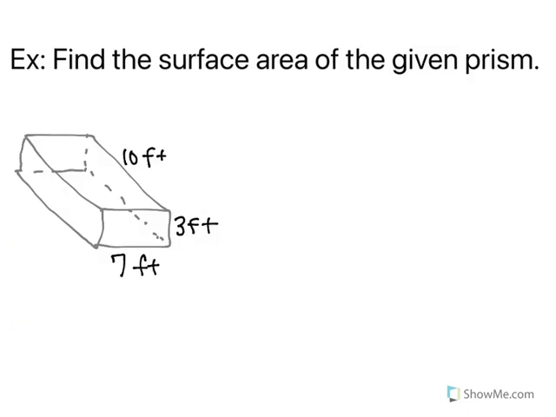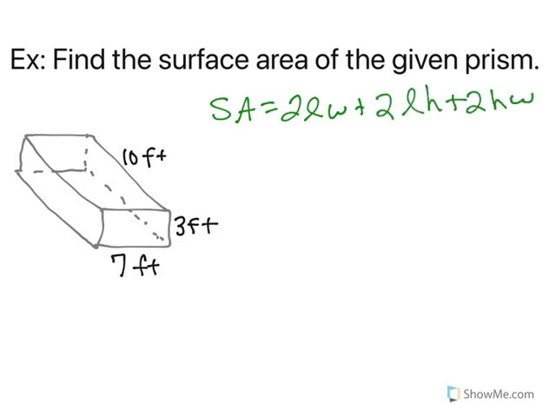Let's do 2 more just for fun. So we have this rectangular prism that is 7 by 3 by 10. Again, start with your formula. 2LW, 2LH plus 2HW. You can put these in any order you want. Doesn't matter as long as you use the same ones just twice.